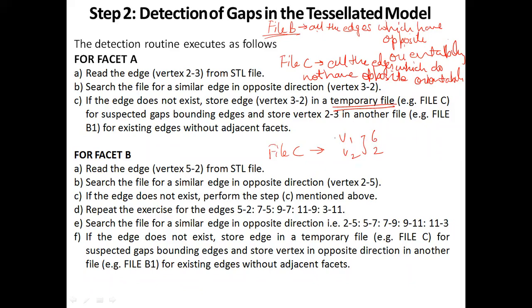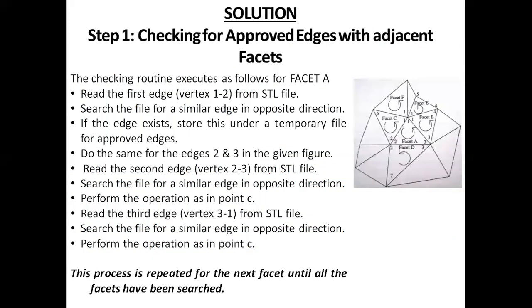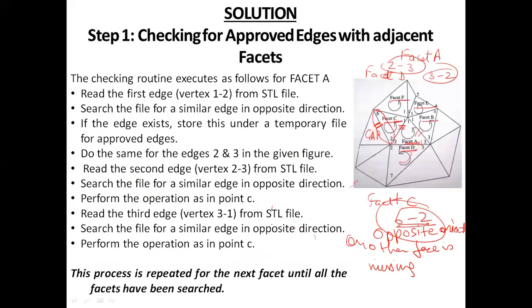Now what is file B1? File B1 is basically that file which will contain the information of the missing edge. As you can see from this slide, that 6 and 2 is there, but the opposite orientability is missing.